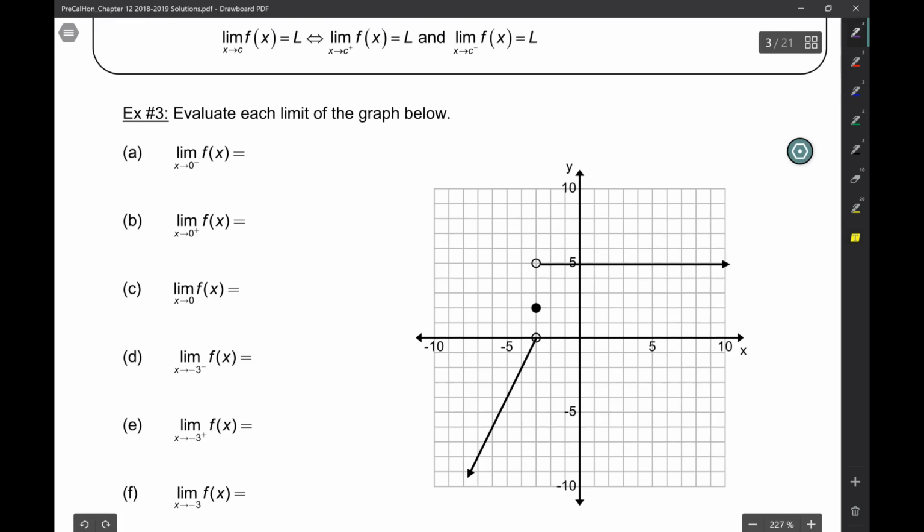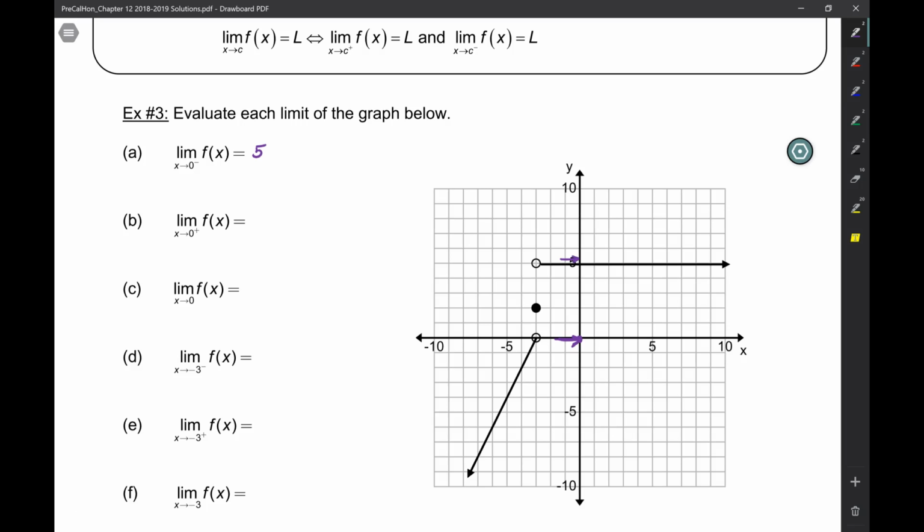Look at this. This is f of x, and I want to find the limit as x approaches 0 from the negative side. This is 0. As I approach 0 from the negative side, please raise your hand to answer this. What y value is the graph approaching? 5. So that is just 5. All right?